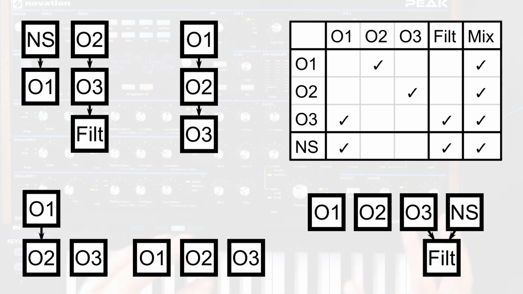So there are a number of configurations, and note that all of the oscillators and the noise source can also output to the mixer as well as being modulation sources. So we are simultaneously acting as what is known as a carrier and a modulator in each of these cases.